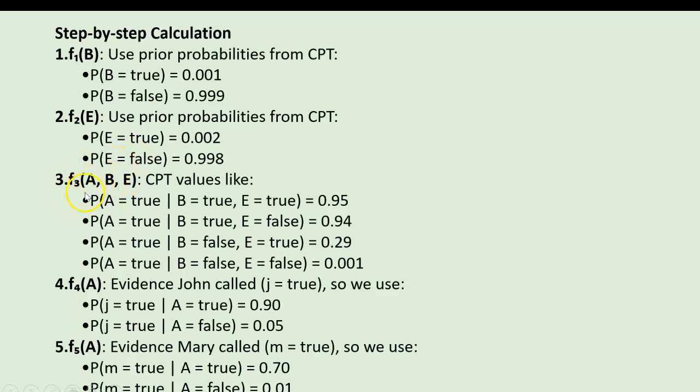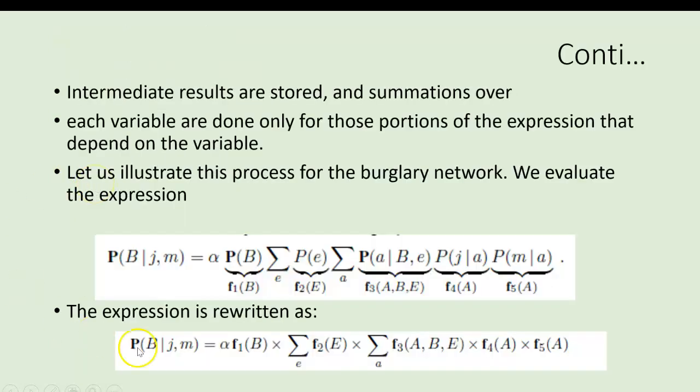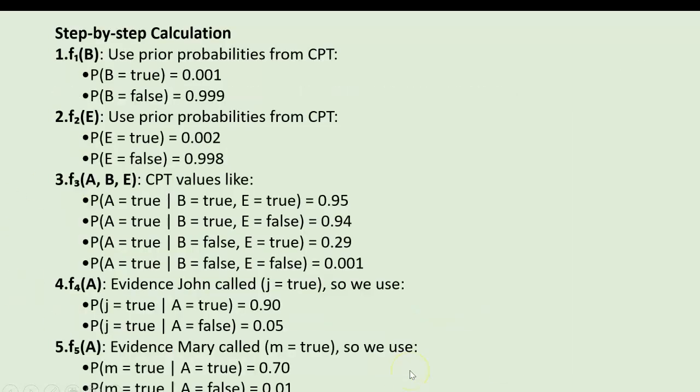Then I'm calculating F3 of A, B, E. A will take true the first time, because here alarm is considered an evidence variable, so alarm initially takes true. So A will be true, and then B and E, with both combinations: true true, true false, false true, false false. That gives all these four probabilities. And then F4 of A you calculated.